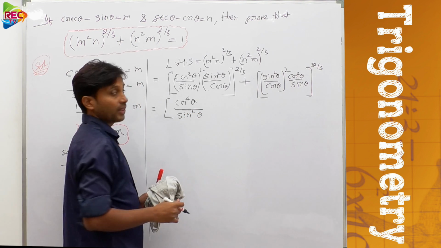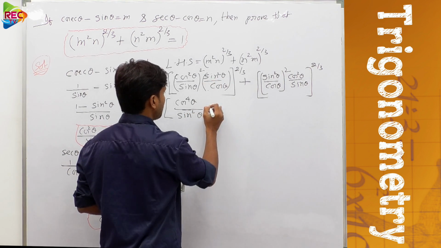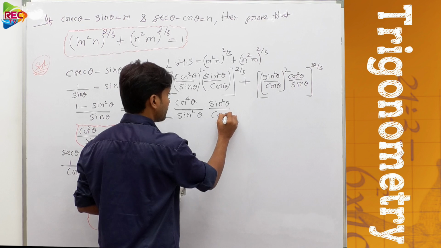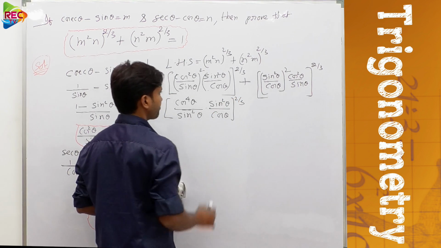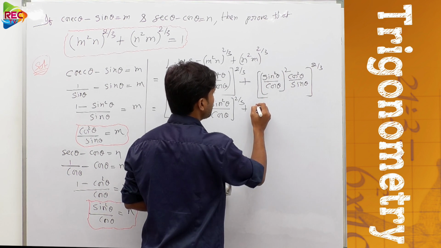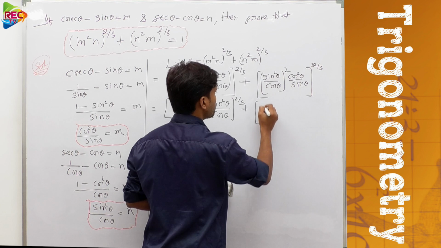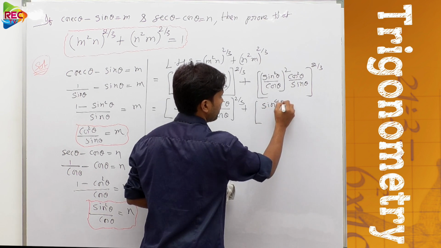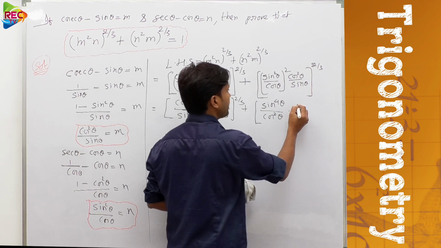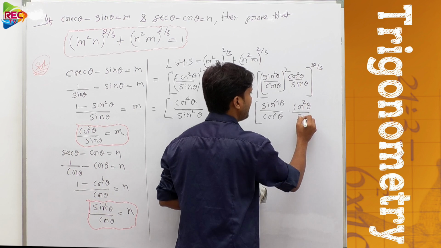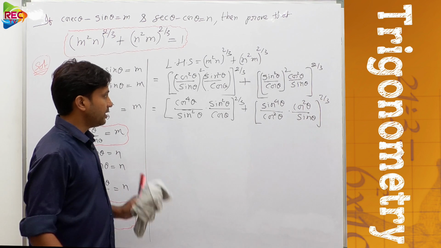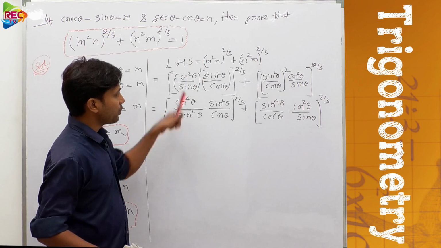Now this is sin square theta by cos theta, whole to the power of 2 by 3, plus, applying this square to both the numerator and denominator parts, how can we write it? Sin square whole square, that would be sin power 4 theta by cos square theta, into cos square theta by sin theta, whole to the power of 2 by 3. Okay. So like this we applied the squares inside.